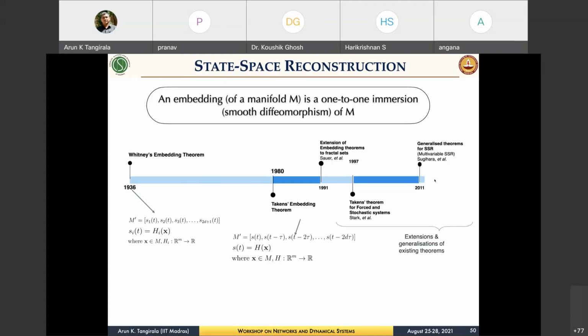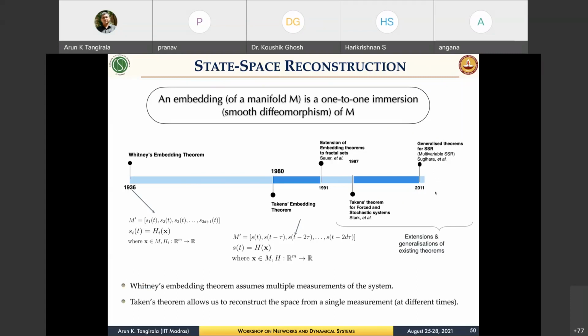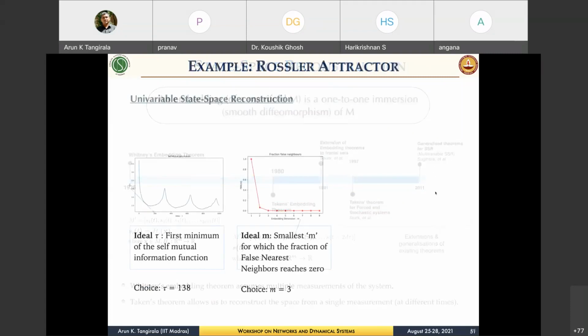One is the reason of time, and other is the work is under peer review. So once it gets published, of course, you can look up the literature. Okay, so primarily Sugihara's work on convergent cross mapping uses Takens' theorem alone, not his generalized theorem. Unfortunately, he didn't use his generalized theorem for multivariable reconstruction.